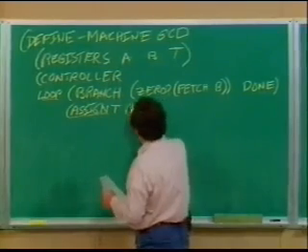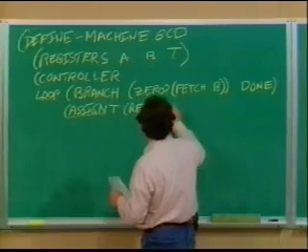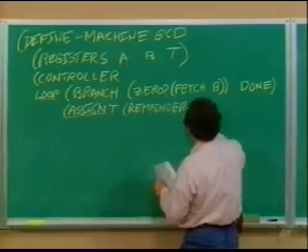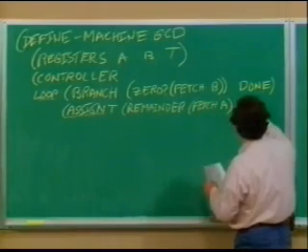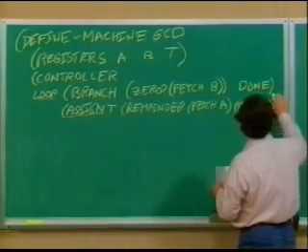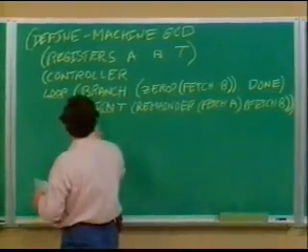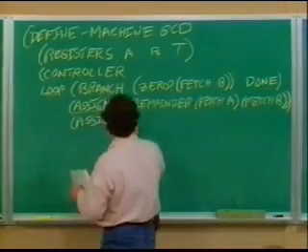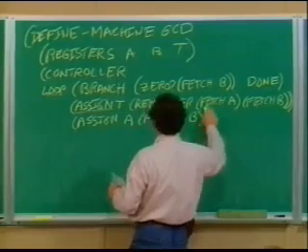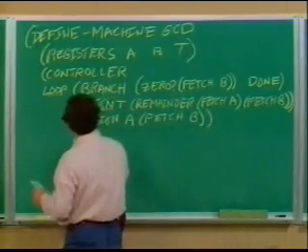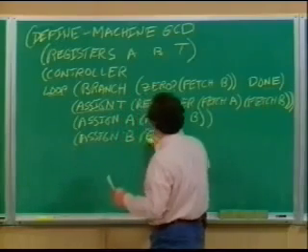Assign to T the remainder, and here's the representation of the operation, when we divide the fetch of A by the fetch of B. We're also going to assign to A the fetch of B. Assign to B the result of getting the contents of T.